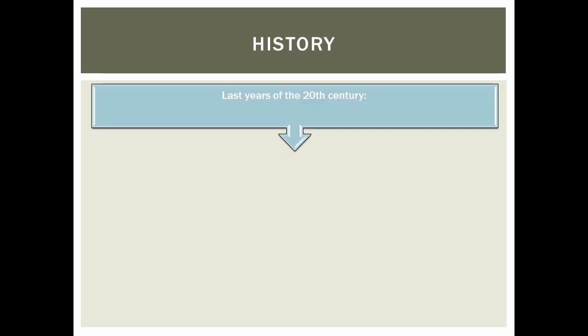The history of multilevel modeling can be summarized in this timeline. Over the last years of the 20th century, in Europe, the Good Electronic Health Record project was launched and evolved and became the openEHR specifications.